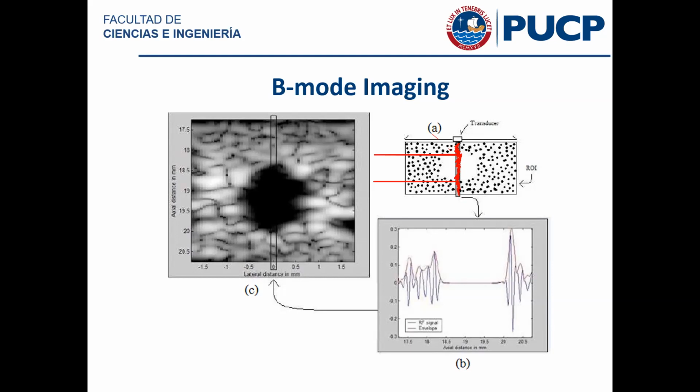So you place your transducer on top of the wider diameter of the circle, and you get the signal shown underneath: some oscillations, then nothing, because there are no reflectors inside that circle, and then oscillations again.